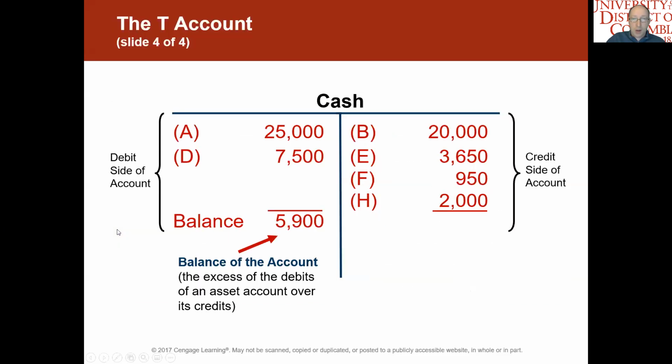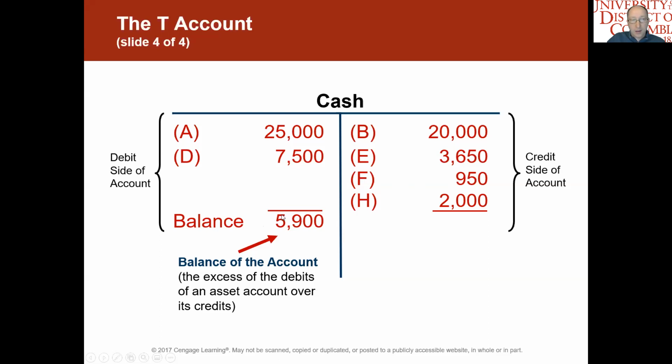So going back to our cash T account, in transaction A, we increased it by 25,000. In transaction B, we reduced it by 20,000. In transaction D, we increased it by 7,500. In transaction E, we reduced it by 3,650. Transaction F, we reduced it by 950. Transaction H, we reduced it by 2,000. We can see that the balance is 5,900.